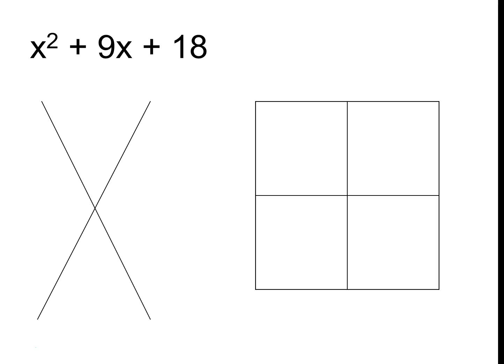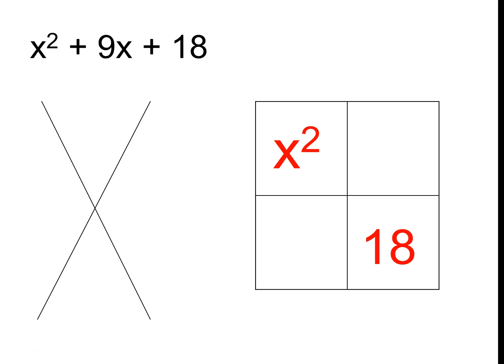Let's think backwards to the multiplying. When we were multiplying, nearly every time the x squared ended up right here and the constant ended right here, didn't it? Okay, so x squared and 18. And then we had two numbers right here that we ended up adding together.